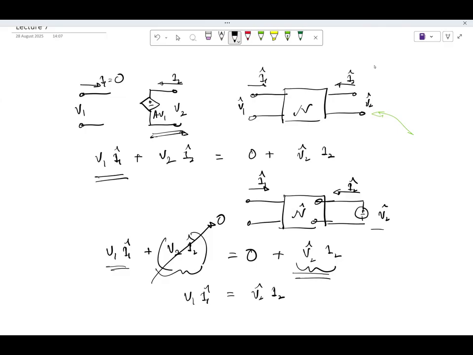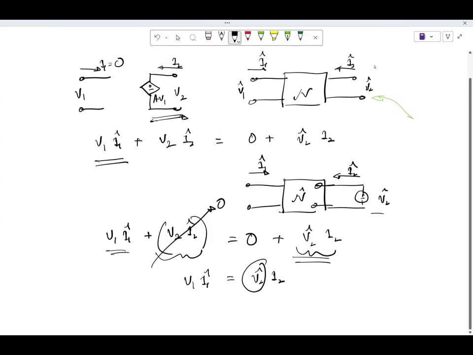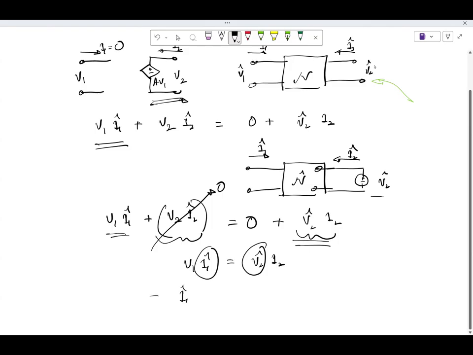Now, this is my excitation in the inter-reciprocal network. What is the observation? The observation is I1 hat. So I1 hat becomes I2 by V1 times V2 hat, right?